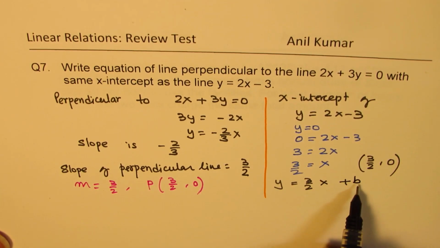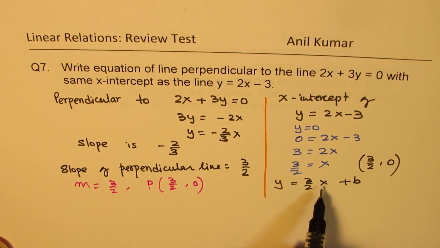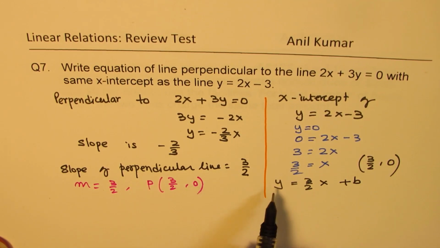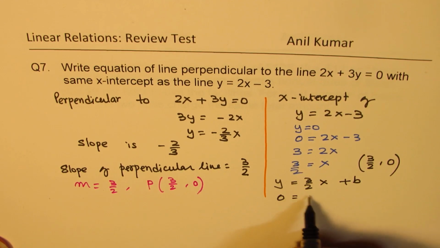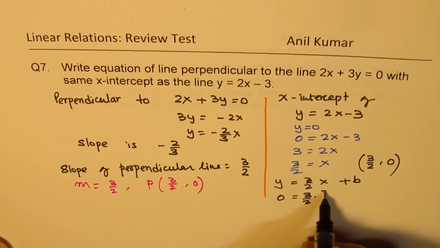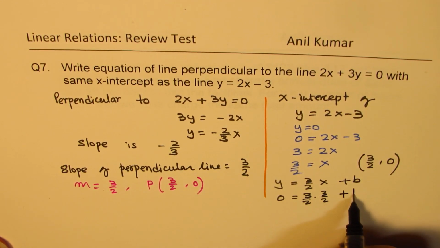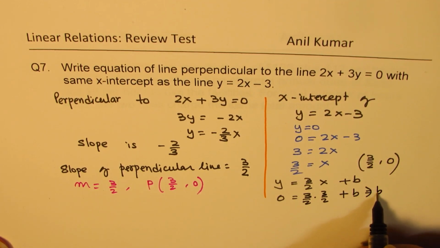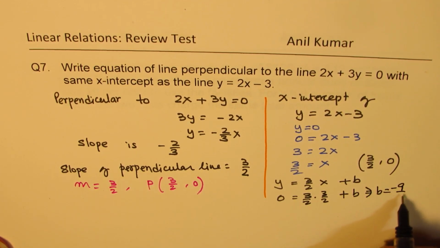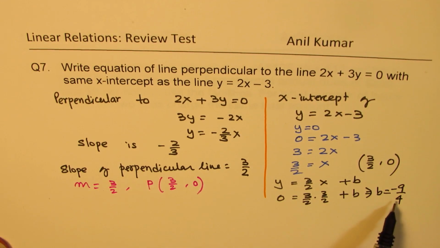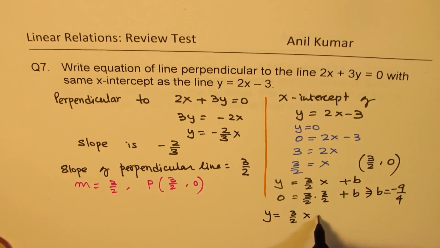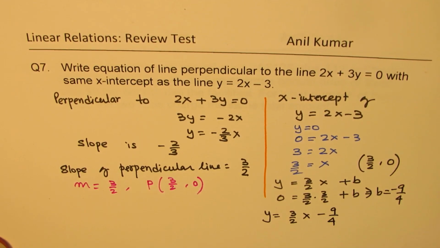Now to find the value of b, we substitute 3 over 2 for x and 0 for y. So we get 0 equals 3 over 2 times 3 over 2 plus b. And that gives you the value of b as minus 9 over 4. Correct? So once we get this value, we can write y equals 3 over 2x minus 9 over 4. Clear?